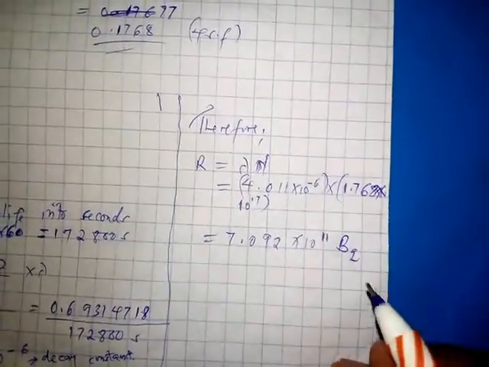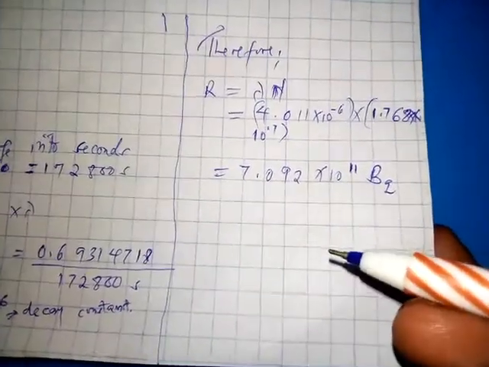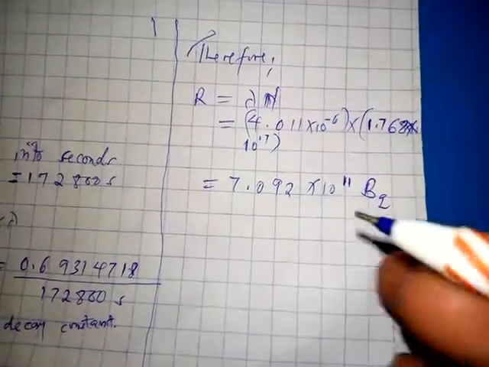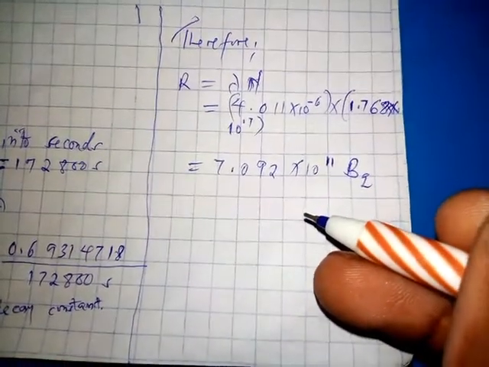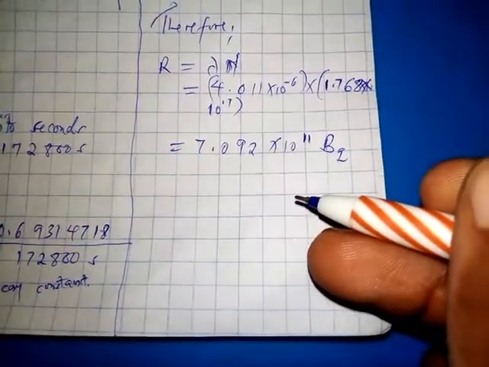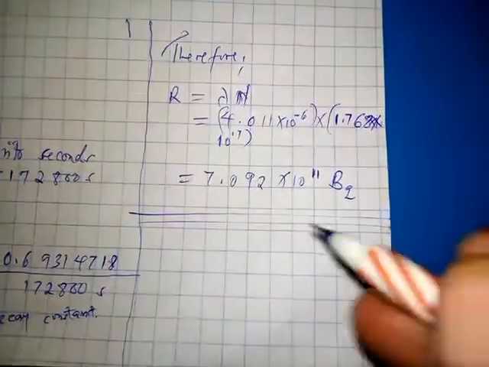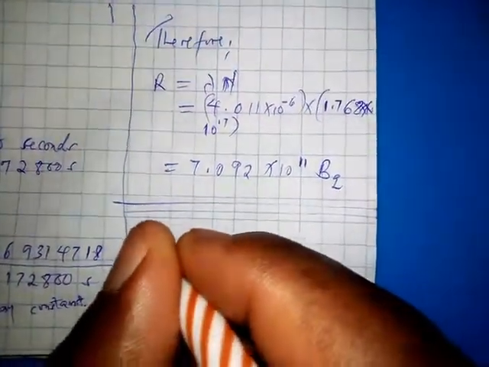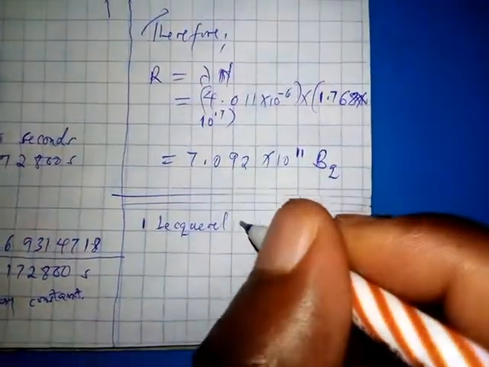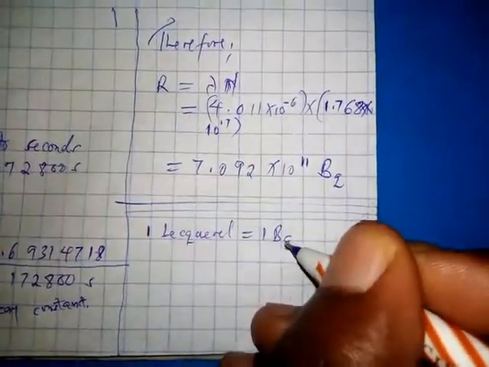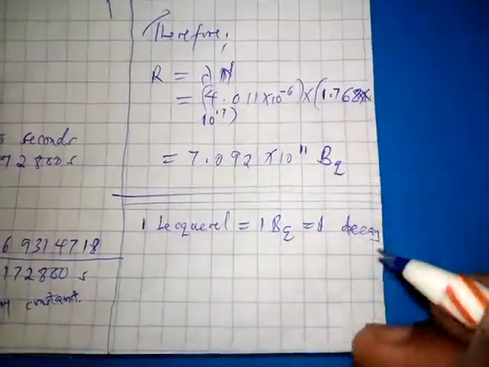Bq in full is Becquerel, named for Henri Becquerel, the discoverer of radioactivity, and this is the SI unit for activity. Remember, one Becquerel is equals to 1 Bq, in short, is equals to 1 decay per second.